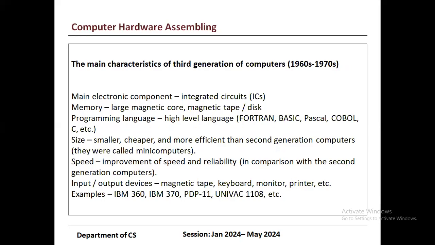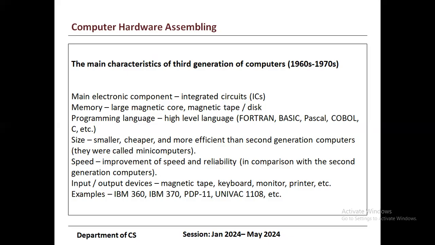In this slide, I will discuss the features, advantages, and disadvantages of the third generation of computers. The third generation of computers was developed between the 1960s and 1970s. This generation used microchips or integrated circuits, making it possible to create smaller, cheaper, and much faster computers.